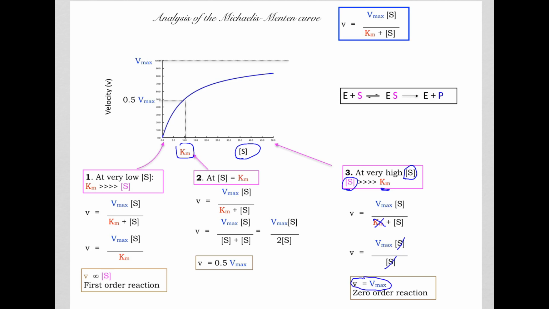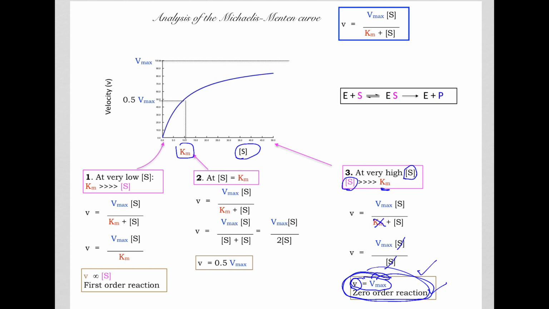So basically, when the substrate concentration is very high, the velocity is independent of substrate concentration. We call this a zero-order reaction. In fact, this is the condition that we use to measure the amount of enzyme in a blood sample, because the amount of enzyme in a blood sample is proportional to its Vmax.